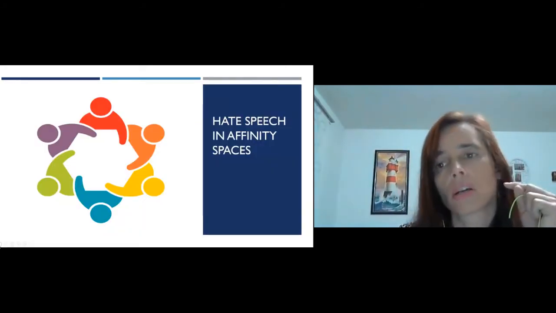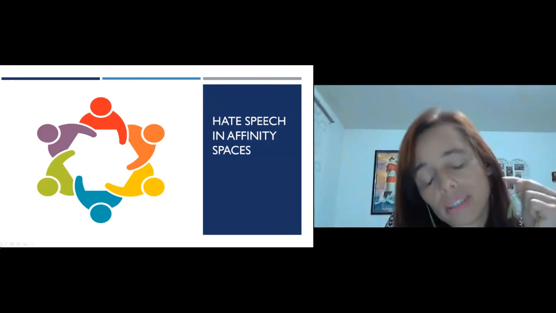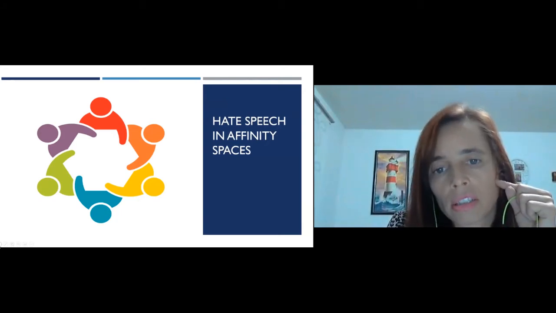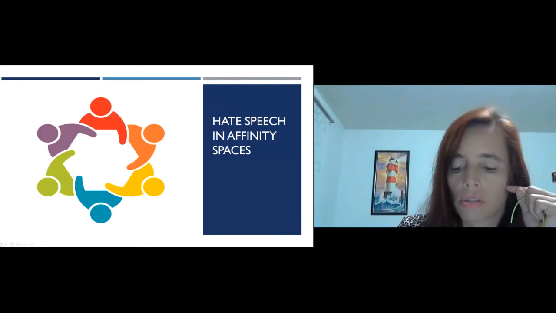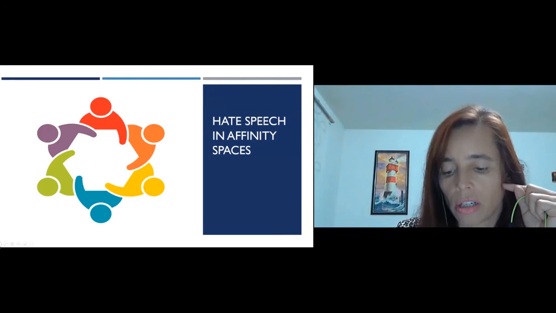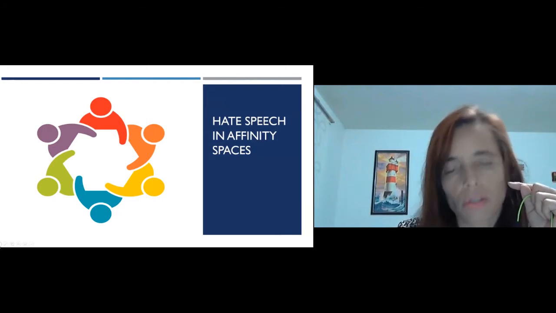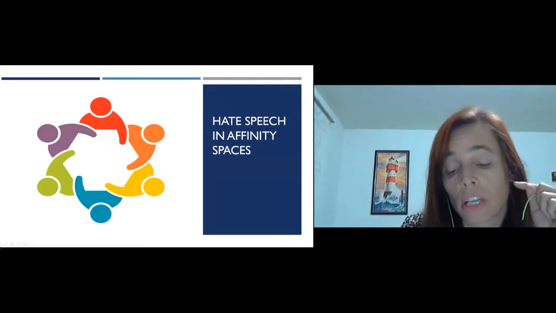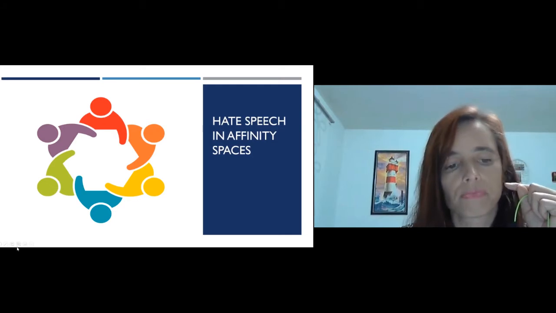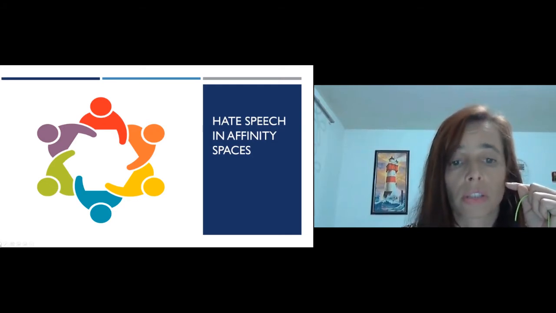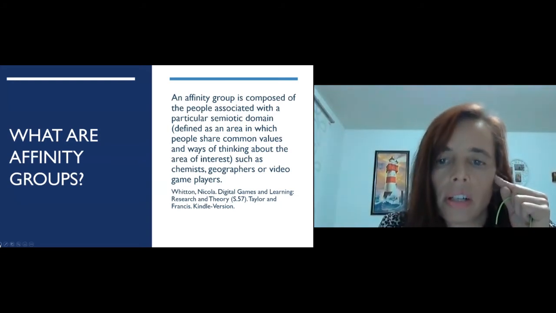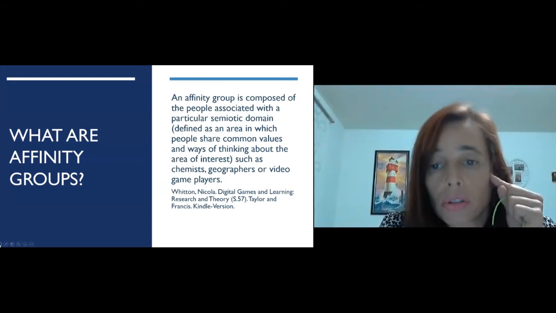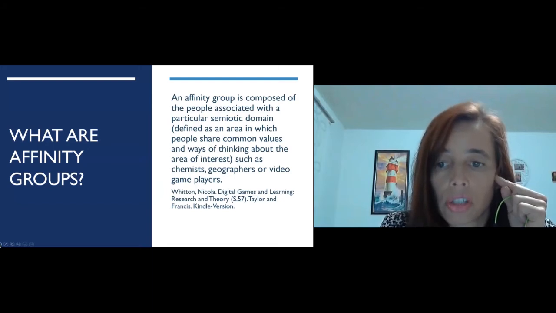So these were some examples of how hate speech is to be found in games itself, but there is also hate speech in the so-called affinity spaces. That's a term James Paul Gee created, and affinity spaces are basically spaces not in the games, but around the games, where people find an area based on their common interest, where they exchange things.